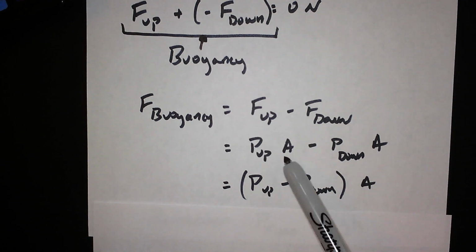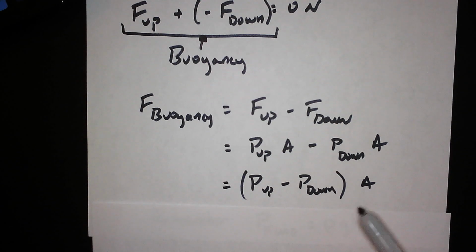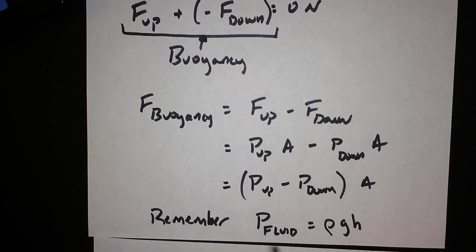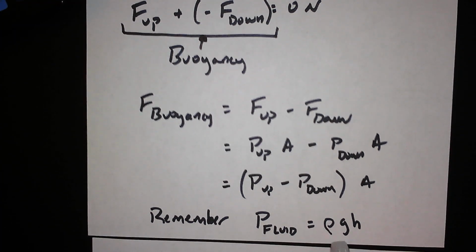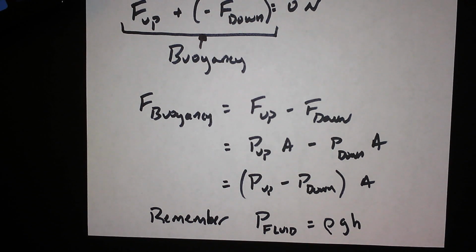Just rearranging, A is the same because I'm putting in an object that has the same dimensions: pressure up minus pressure down. So remember, pressure of the fluid is equal to rho, the density of the fluid, times the acceleration due to gravity, times the height of the rectangle of water. We did this in a previous video.